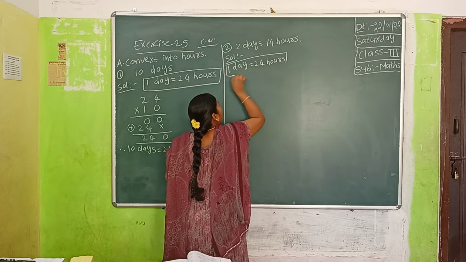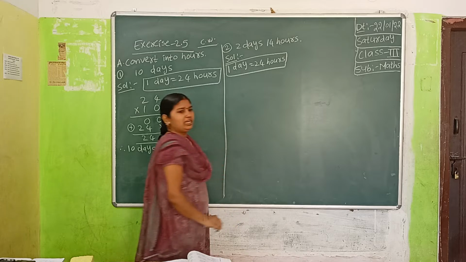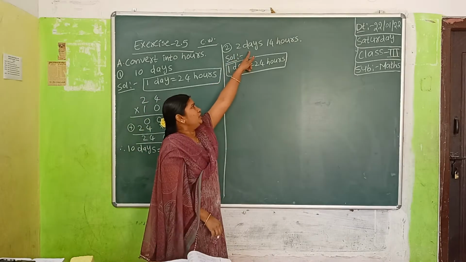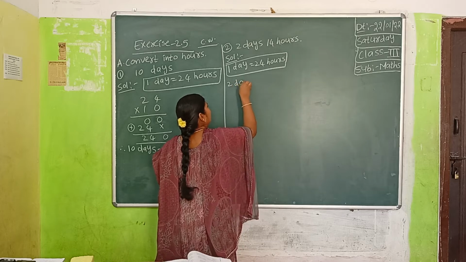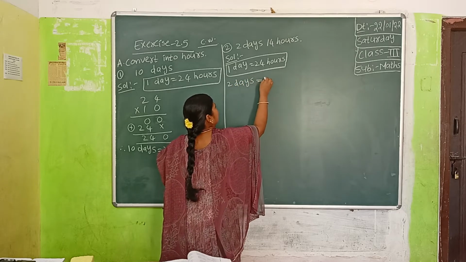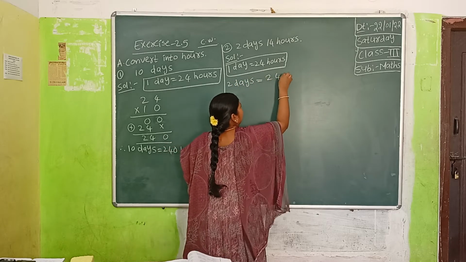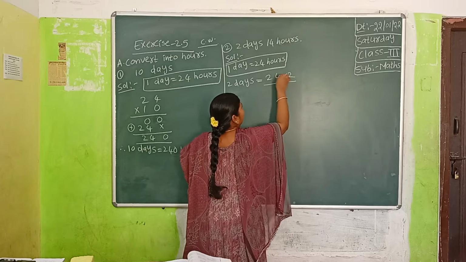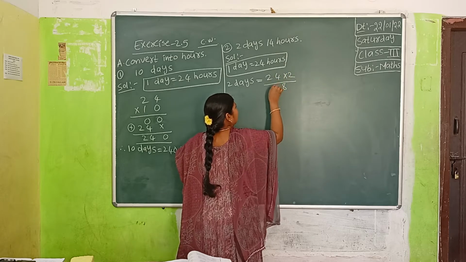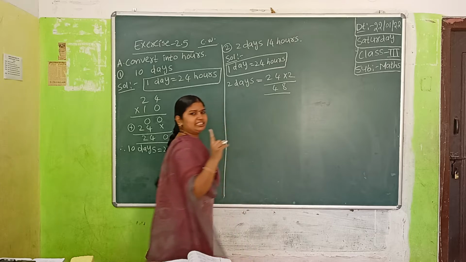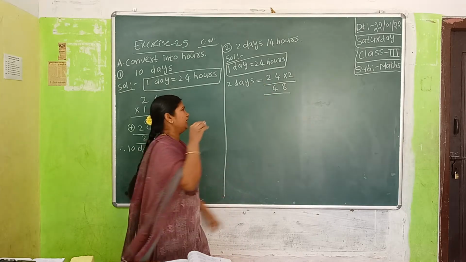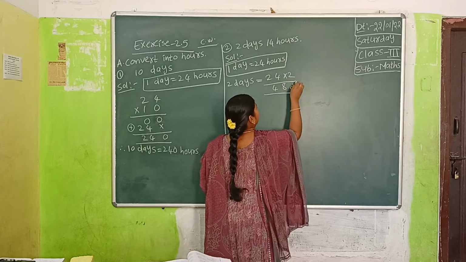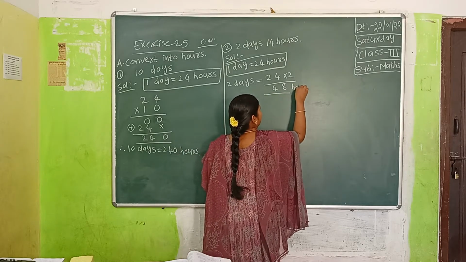Now convert 2 days into hours. 2 days equal to 24 into 2. 2 4s are 8, 2 2s are 4. Single digit multiplication means directly do it like this. Now 48 what? 48 hours.